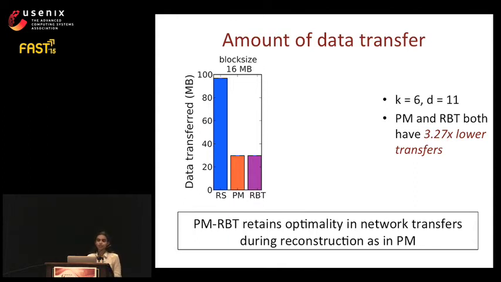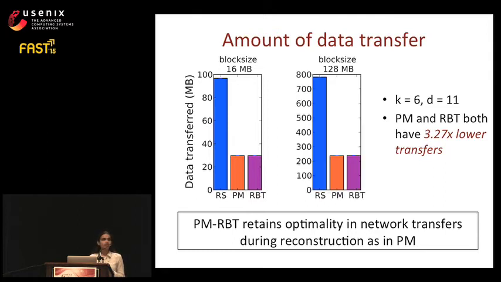In this figure, PM refers to the original code and RBT refers to the transformed code. Both of these have a significantly lesser amount of data transfer, that is network consumed, during reconstruction. We observed similar performance for other block sizes as well, and I want to emphasize that the transformed code retains the bandwidth optimality of the original code.